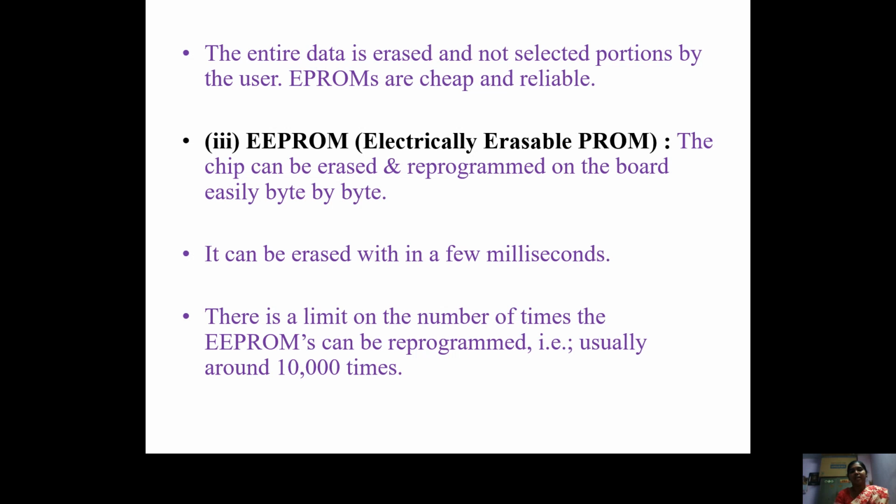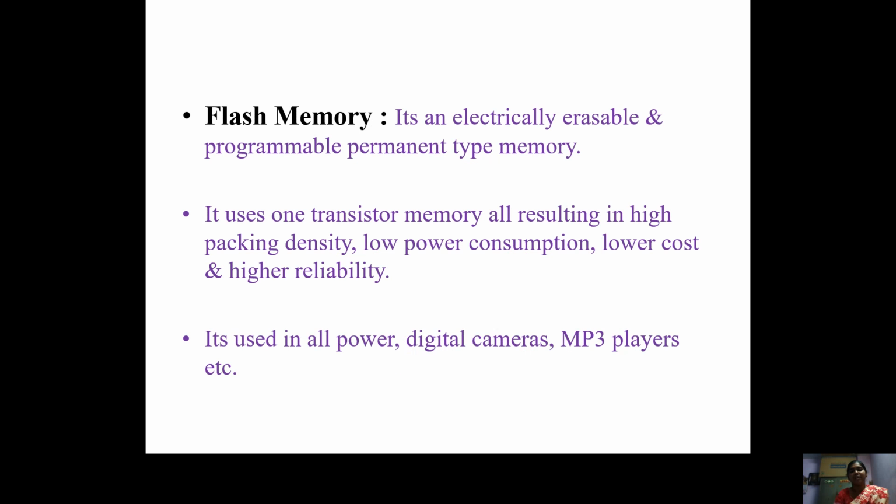And coming to a more flexible memory device, which is nothing but flash memory. It is an electrically erasable and programmable permanent type of memory. Here we can erase and program it any number of times, and it acts as a permanent type of memory.